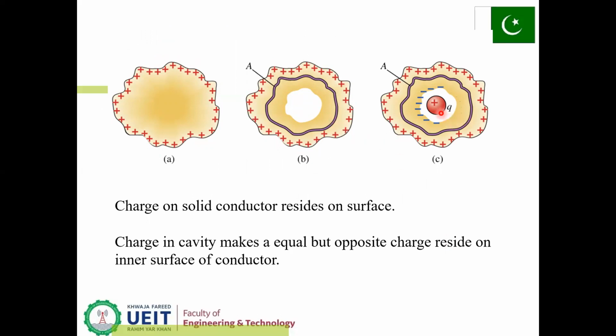So if a charge distribution exists, negative type inside the conductor, this is the case C. Charge on a solid conductor resides on the surface. A charge in the cavity makes equal but opposite charges on the inner surface of the conductor. If there is a cavity, an equal amount of charges will be induced.